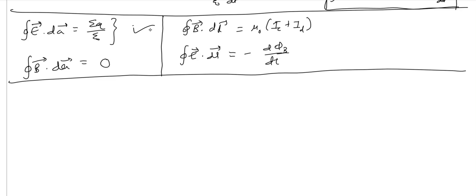So Gauss's law for electric flux, Gauss's law for magnetic flux, Ampere-Maxwell law, and Faraday's law for electromagnetic induction, these four equations are known as Maxwell's equations, and are considered the pillars of electrodynamics. So this is the second question of today's assignment, and then let us move to the third question.